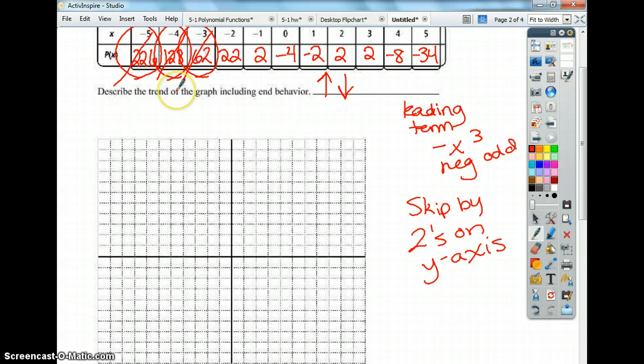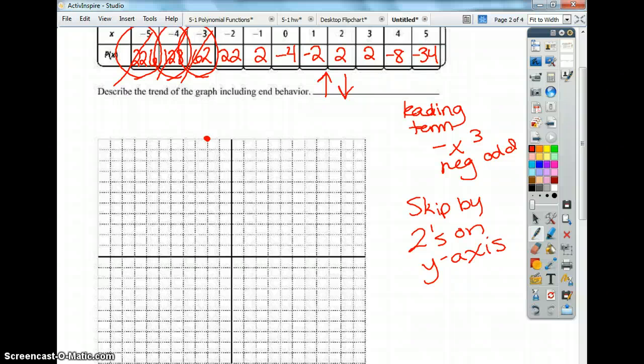I'm not plotting that, it's too obnoxious. Okay, so we're going to start at going left 2 and up 22. But since we're skipping by 2's, I'm going to go left 2, up 11. Right there is 11, right at the tippy top of the graph.